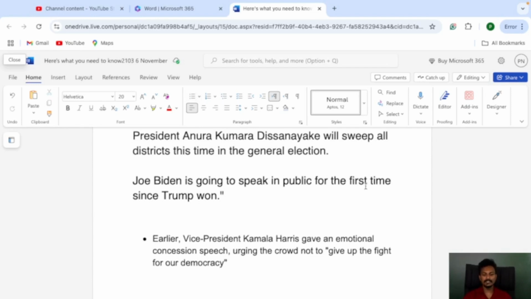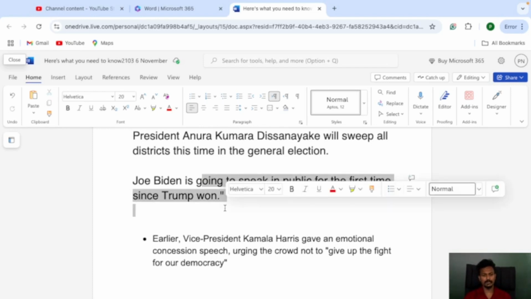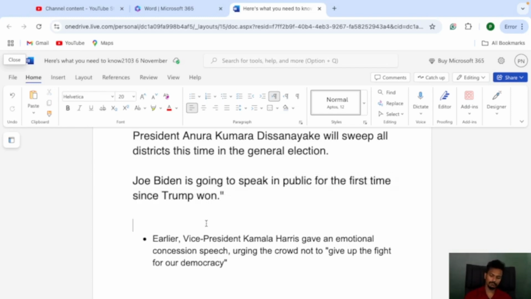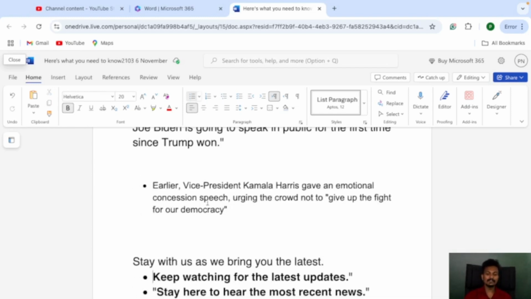Anyway, Joe Biden is going to speak in public for the first time since Trump won. And earlier, Vice President Kamala Harris gave an emotional concession speech.